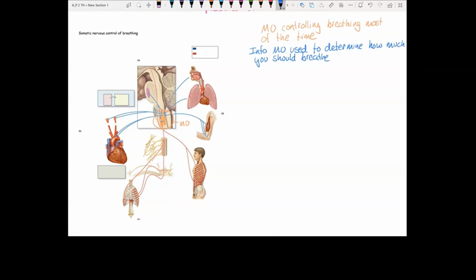Okay, so the blue lines in this picture are the information. And we're actually going to start with this box right here, number 1.